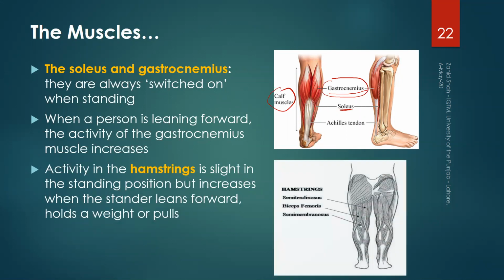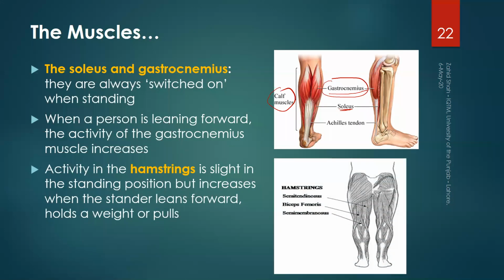And another group of muscles is hamstrings, again on the posterior side of your legs. You are aware of hamstring injuries to sportsmen. They also play a very important role, especially during standing posture, as well as when the stander leans forward or holds a weight or pulls something.